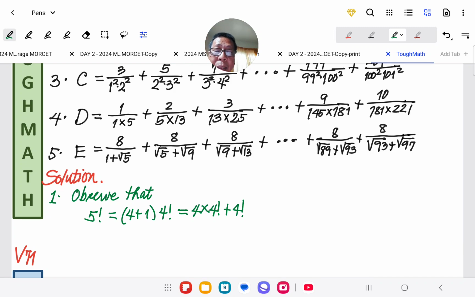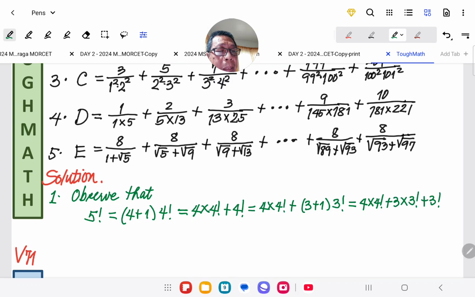Then repeating the process, we first copy the 4 times 4 factorial and do the same thing to 4 factorial that we have done to 5 factorial earlier. So we have 3 plus 1 times 3 factorial, which is 4 times 4 factorial plus 3 times 3 factorial plus 3 factorial.